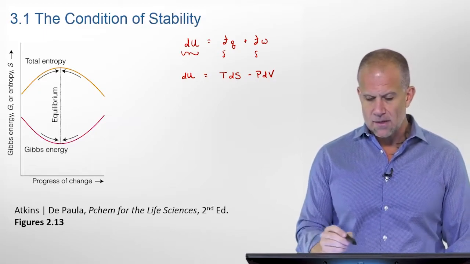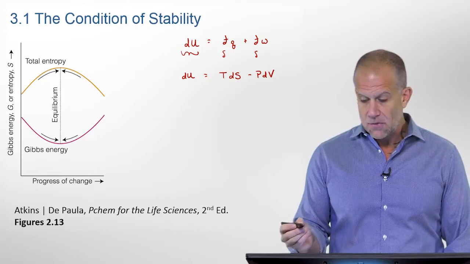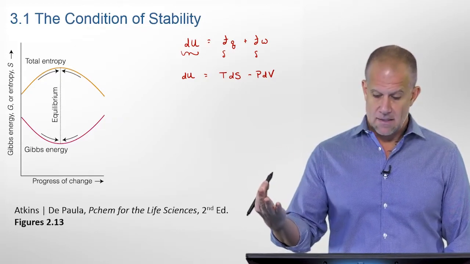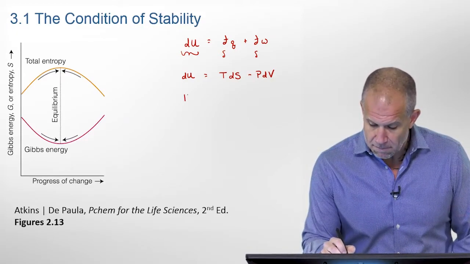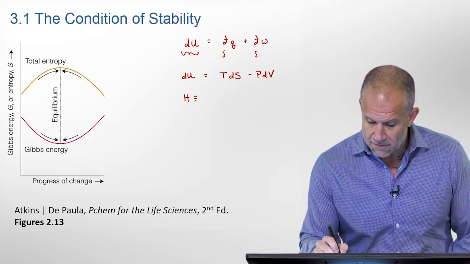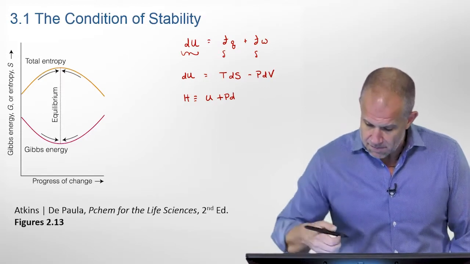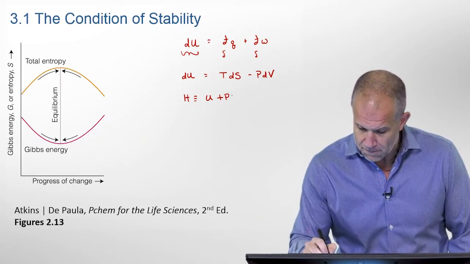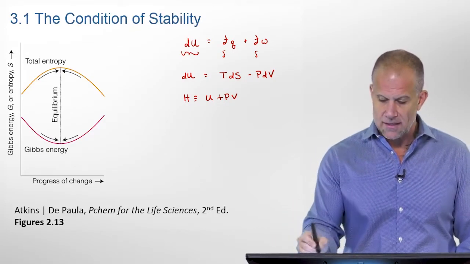And what we saw was when you change things, like for example, to the enthalpy, the enthalpy is defined as U plus PV. And so now that's a Legendre transform on this.